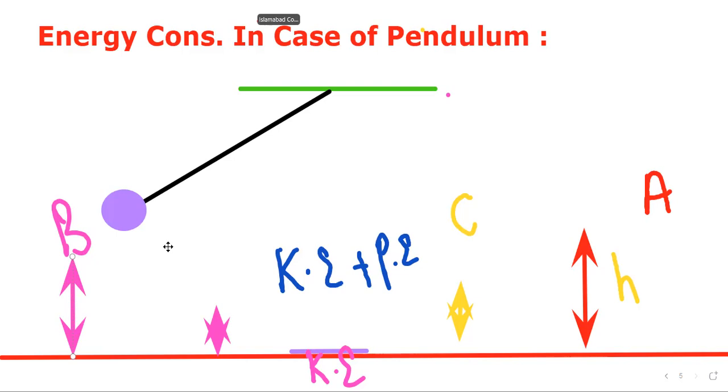Sometimes we have kinetic energy, then potential, then kinetic, potential, kinetic. Such a scenario is repeated again and again.